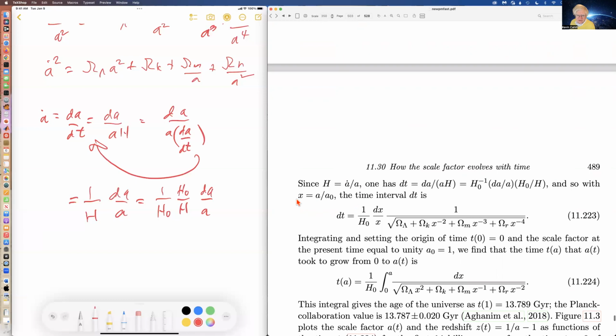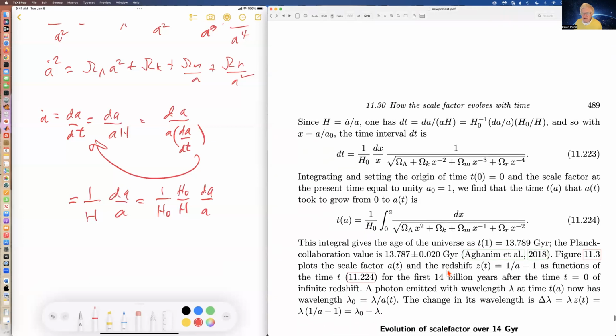Well, if you set x equal to a over a0, actually, I think this was a big mistake. I was following Weinberg here, who, instead of taking advantage of the astronomer's notation, used x as a over a0, but if a0 is 1, then this is just x equal a. I think I'm going to have to change that.